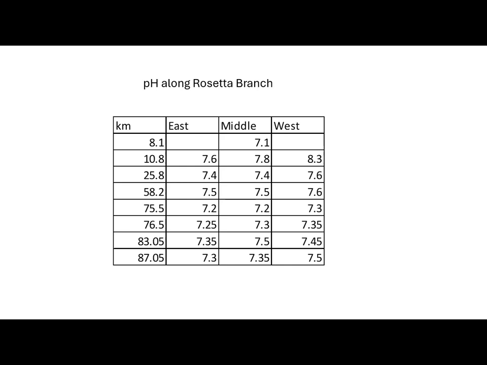However, this is another example that shows trends along distance, not time, but this time if you look at the distance, they are not equal increments. The values in the three other columns show the pH along the Rosetta branch, which is one of the Nile branches in Egypt.